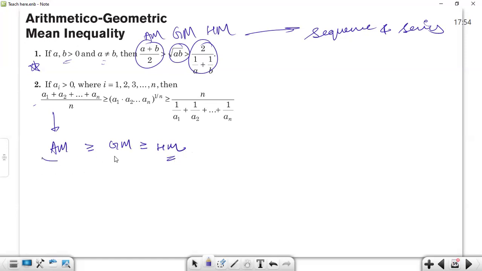So there's an equality condition included. Why? Because we have not said that A1, A2, A3 are not equal terms. And if they are equal, then the arithmetic mean, geometric mean, and harmonic mean are all going to become equal.